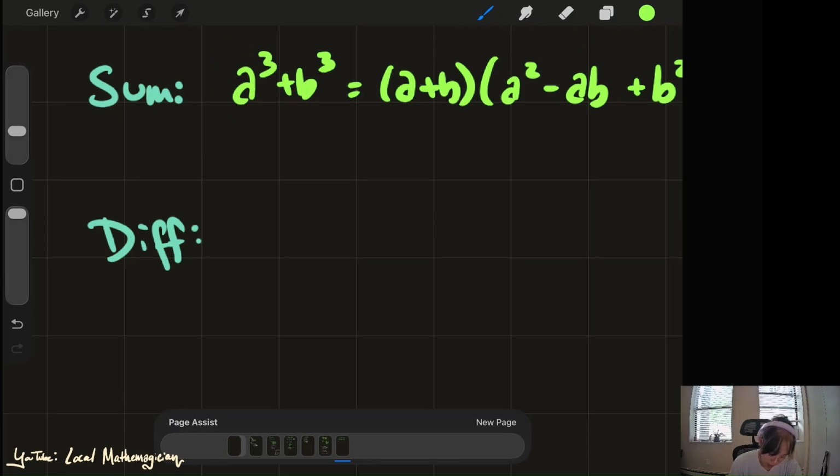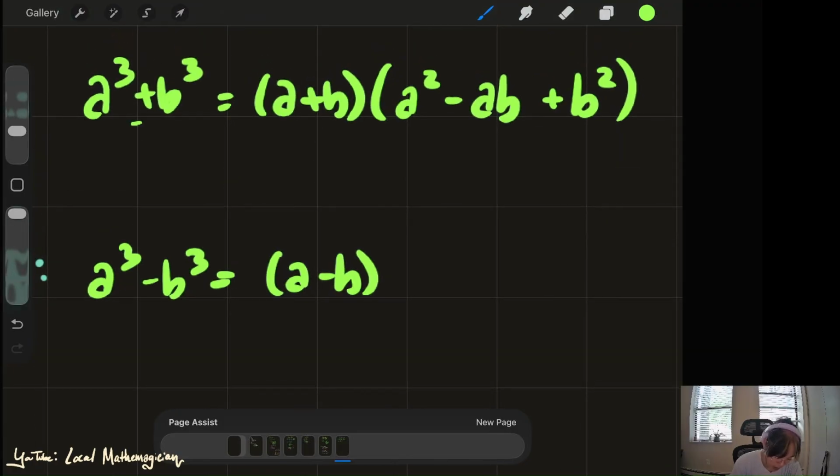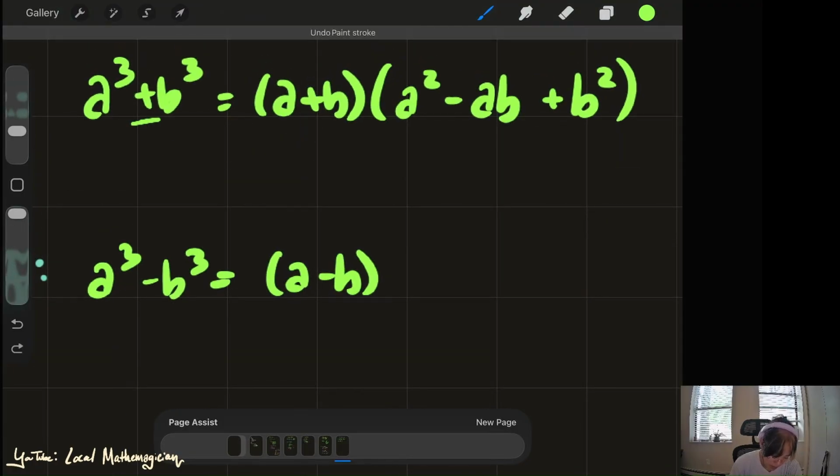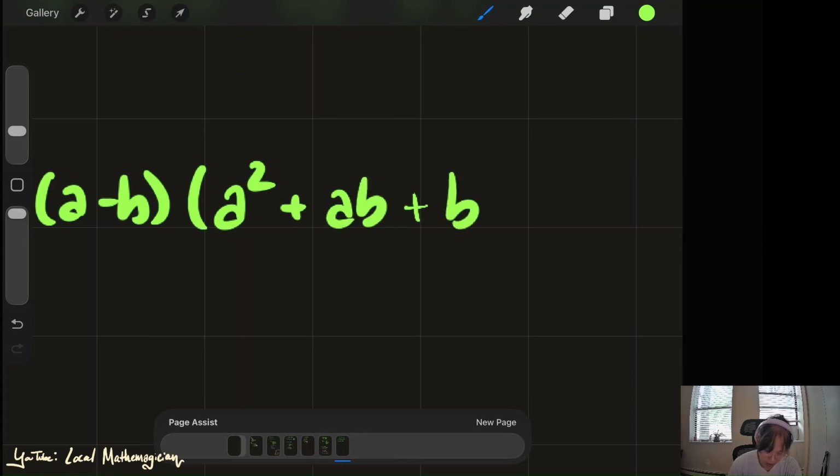Okay? And for difference, which is a cube minus a cube, a cubed minus b cubed, this is going to be a minus b. Do you notice how these two signs match? And these two match? Yeah, that's what you want. And the inside is going to be a squared plus ab plus b squared.